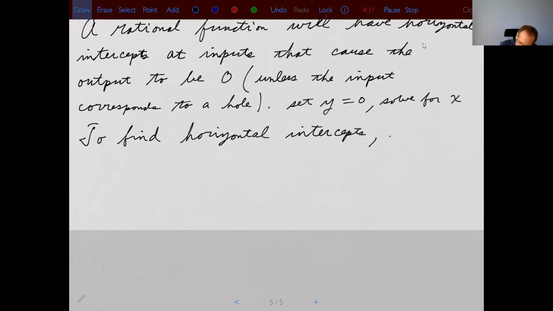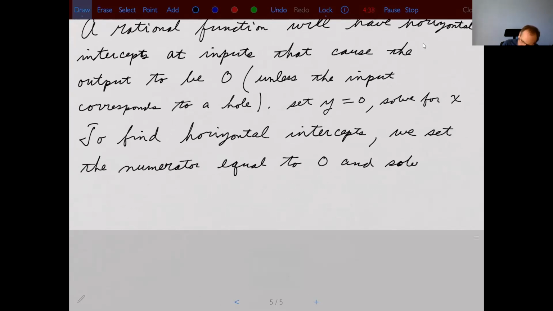So we set the numerator, and I'll explain this in examples in a few seconds, equal to 0 and solve for the input, which I'll call x. In general, we call it x, right? Okay, so what does this all mean?